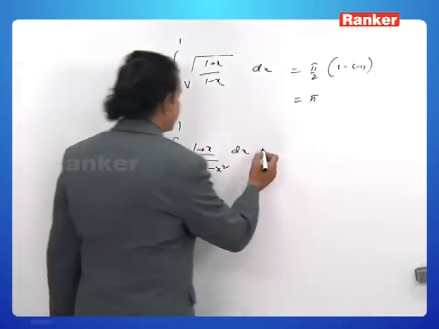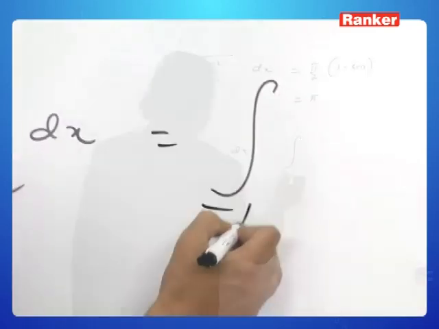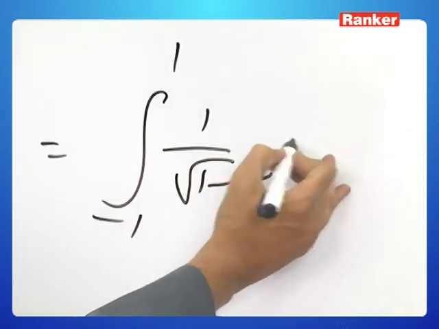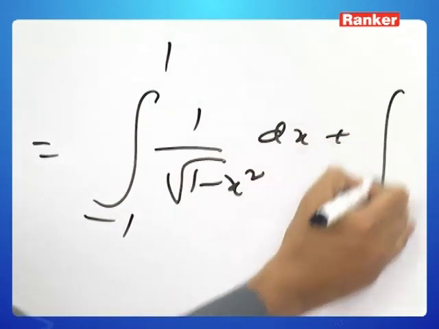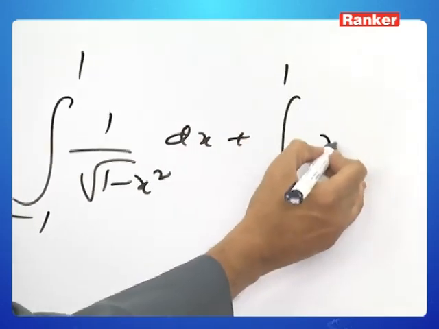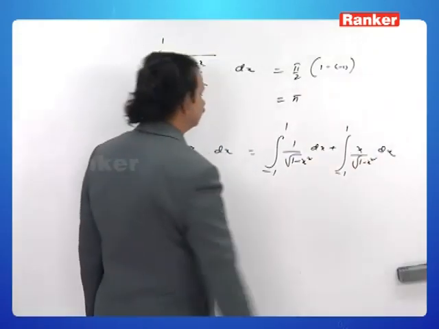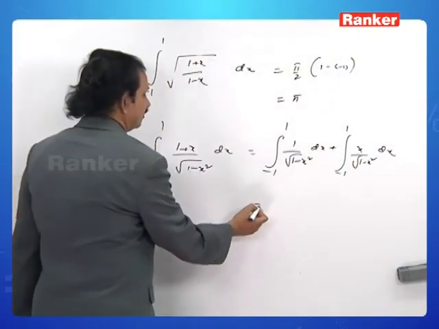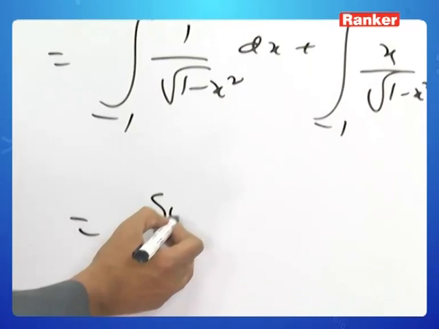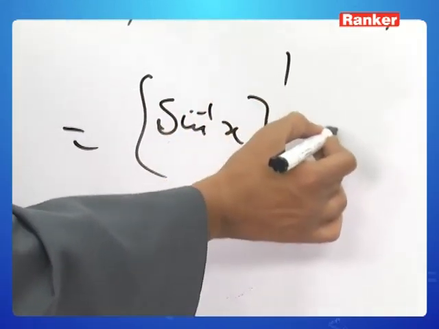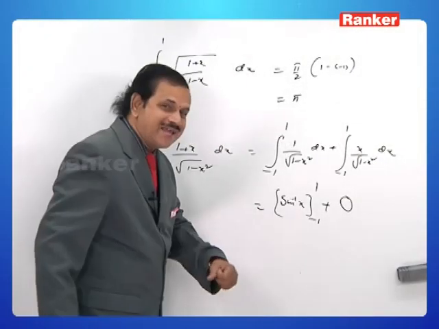So this can be split again into two integrals: -1 to 1, 1 by root of (1 minus x square) dx, plus -1 to 1, x by root of (1 minus x square). This first one, 1 by root of (1 minus x square), is sine inverse x between the limits -1 and 1, plus this is 0. Why is it 0?